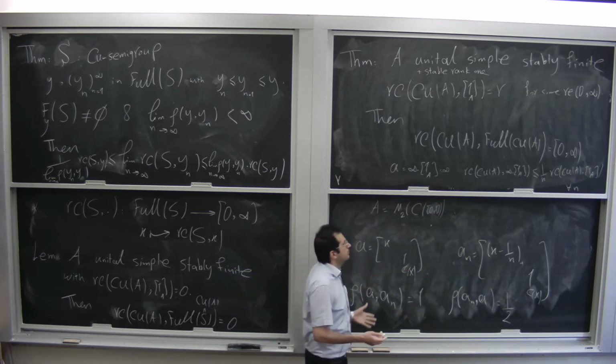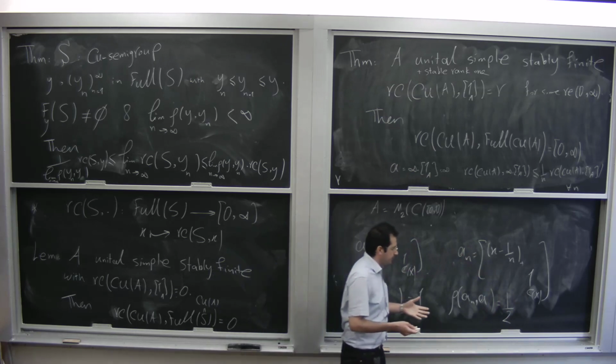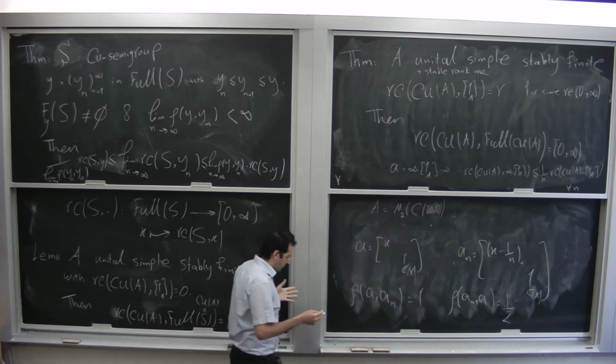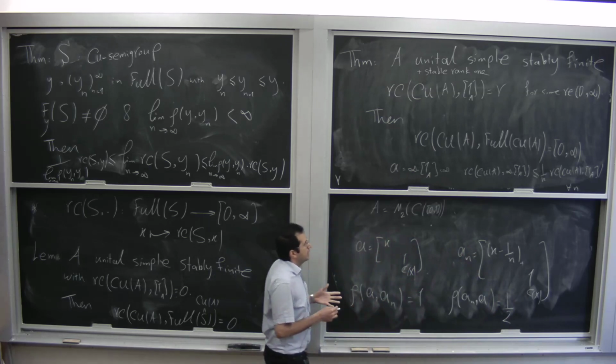Therefore, this is literally the definition of Blackadar, Winter, Toms, and other, I think, Leonel Robert, who defined the algebraic relative radius of comparison.